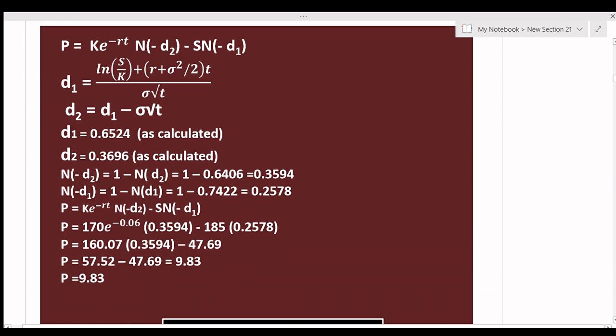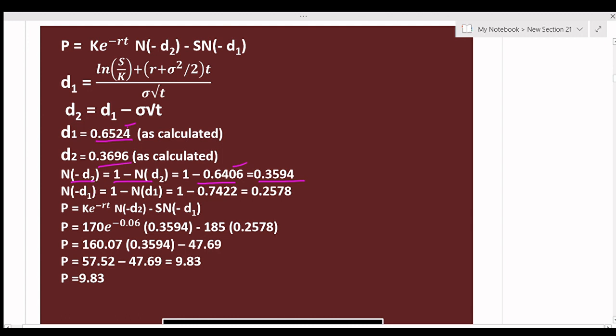And when you find out P, that is the option value of the put option, D1 is already calculated 0.6524 and D2 is 0.3696. N(-D2) is equal to 1 minus N(D2), which is 1 minus 0.6406, equal to 0.3594.